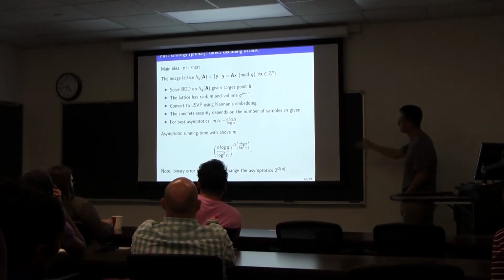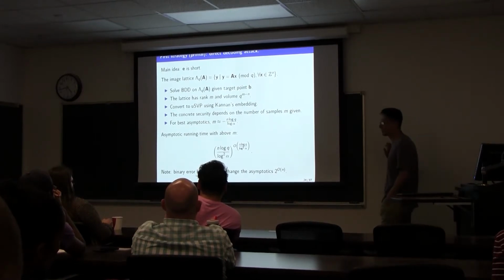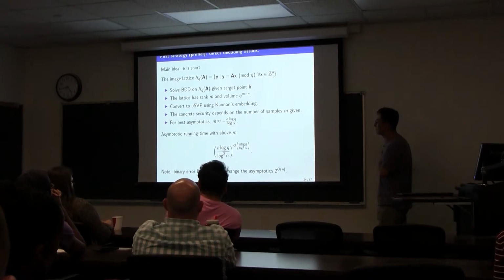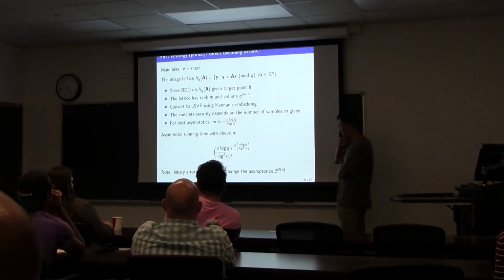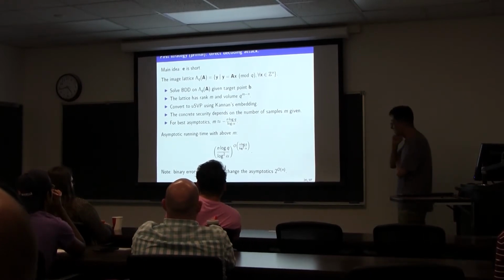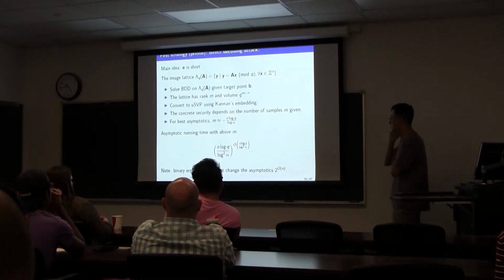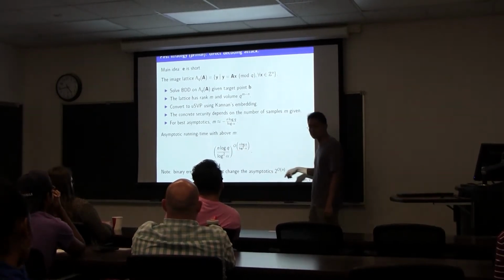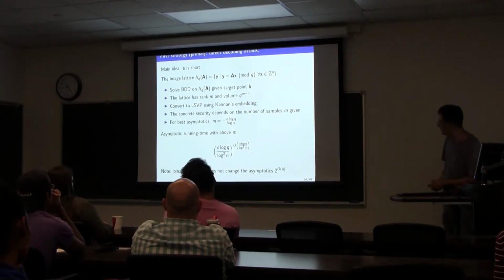But for this attack to work, the best is about log Q over log R. So it depends on whether the application gives you so many samples. The asymptotic running time can be expressed by this. If we plug in Q to be polynomial in N, and alpha also polynomial in N, that is, alpha is an inverse polynomial, but that's okay, then if we simplify this equation, we essentially get a fully exponential running time algorithm. So that's open.